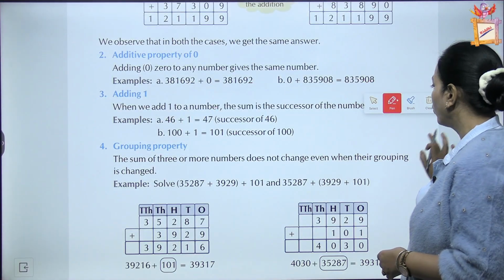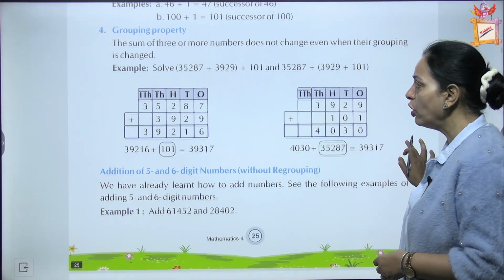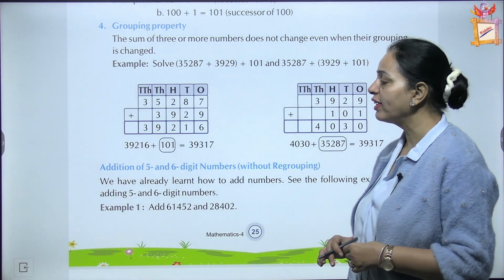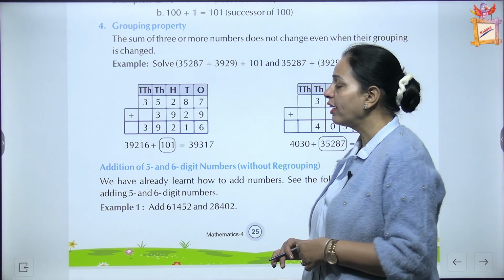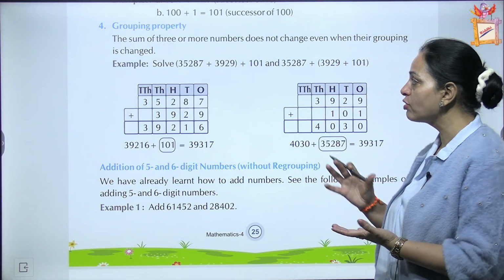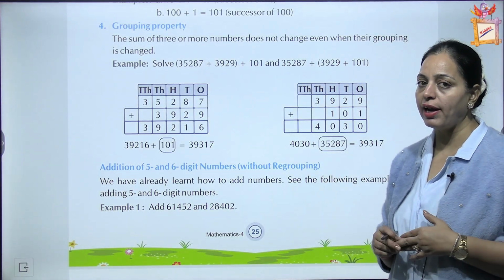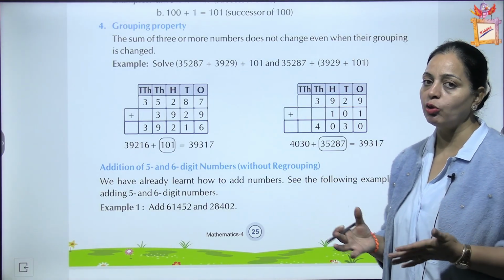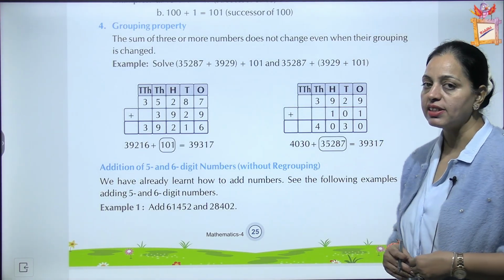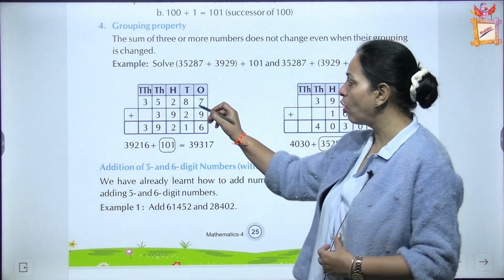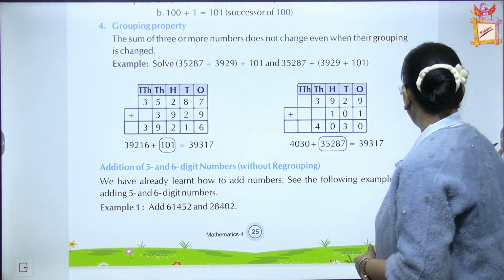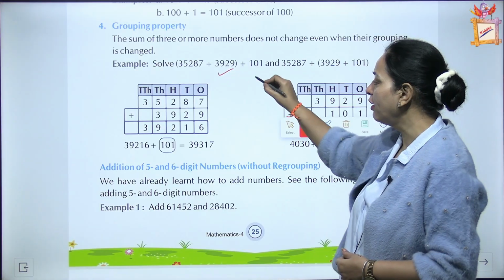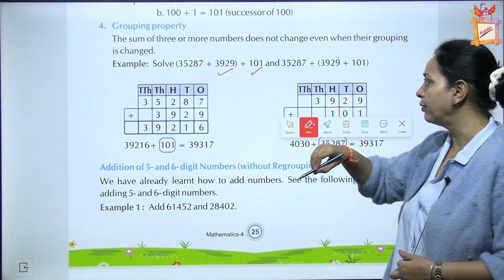Now the fourth one, grouping property. The sum of 3 or more numbers does not change even when their grouping is changed. Like there are 3 numbers, you add the first 2 numbers, then add the third number. Or you add the last 2 numbers and then add the first number. The result would be the same. See here the example, solve 35,287 plus 3,929 plus 101.